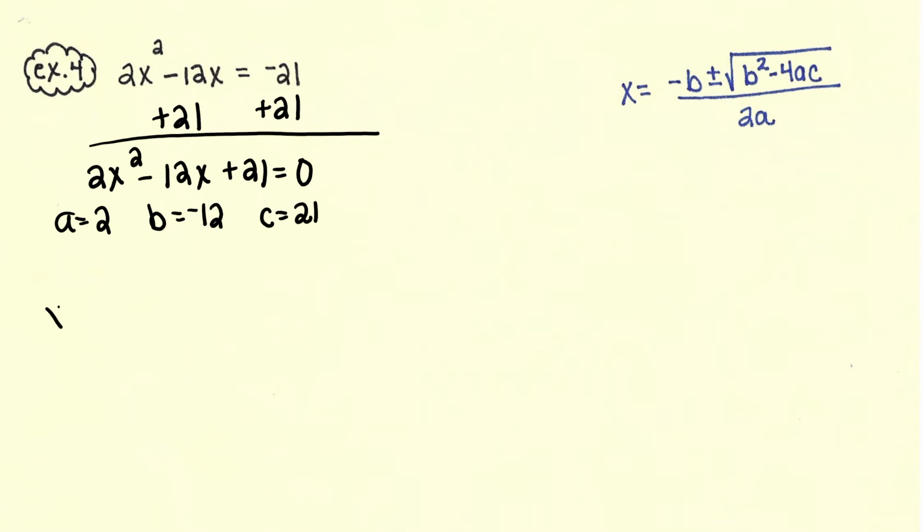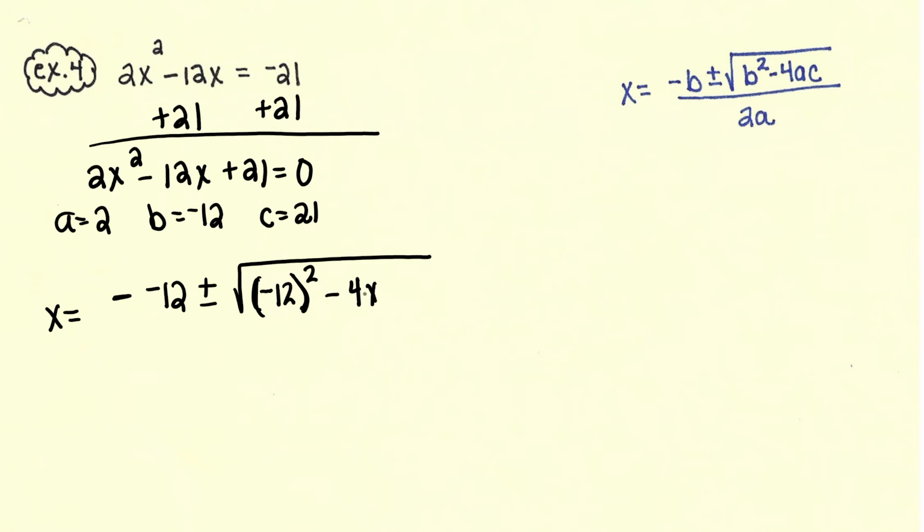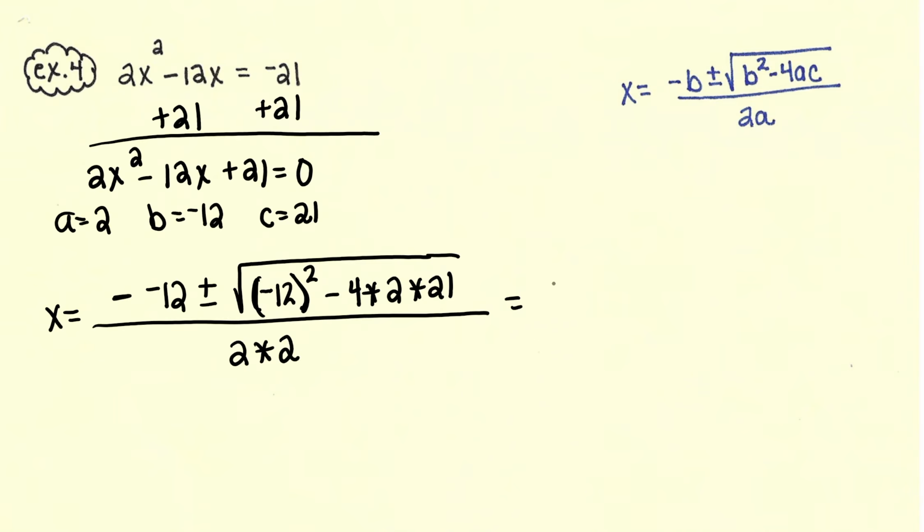To solve it for x, we'll say negative of a negative 12 plus or minus the square root of b, which is negative 12 in parentheses squared, minus 4 times a times c all over 2 times your a value.